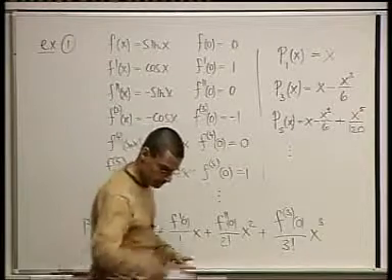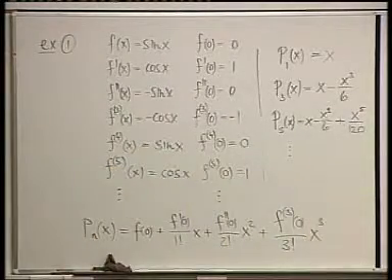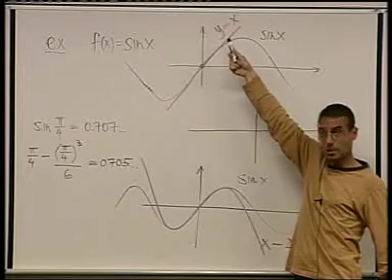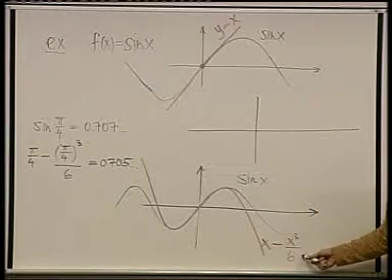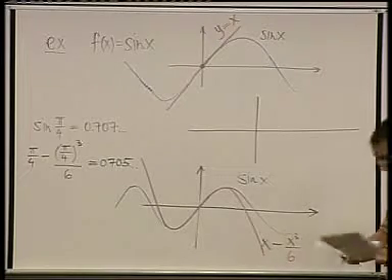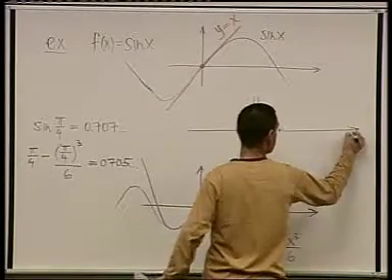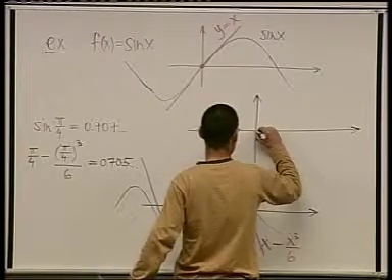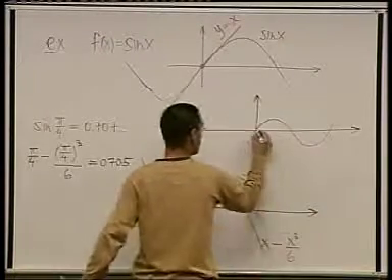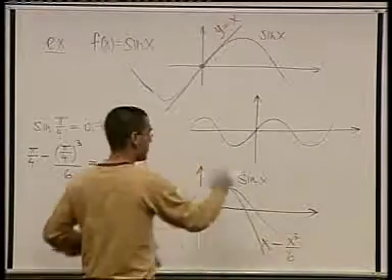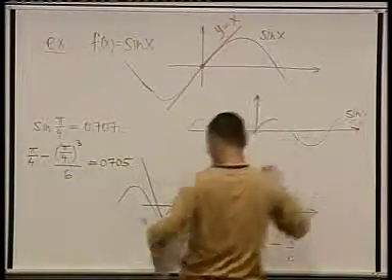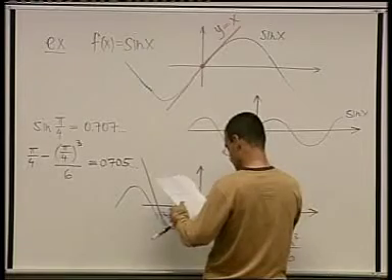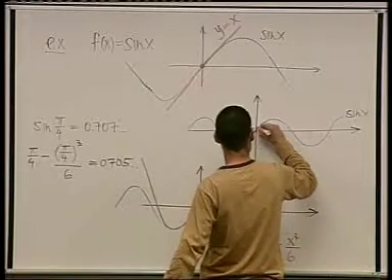Let's draw. Right here in the middle, remember we had P1, we didn't call it that before, and this was P3. Let's draw P5. Here's sine of x in blue again. And P5, which we just found, turns out to look something like this.